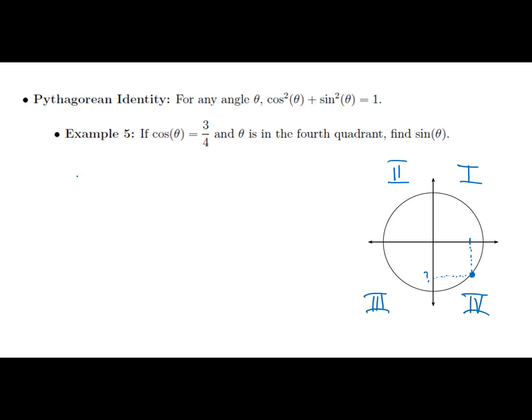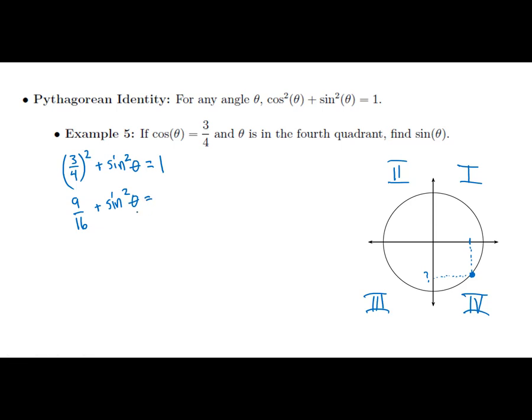So using the Pythagorean identity, it tells me that the cosine squared plus the sine squared equals 1. And I know the cosine, so I can say 3/4 squared plus my unknown, sine squared, is equal to 1. Squaring those, I get 9/16 plus sine squared theta.